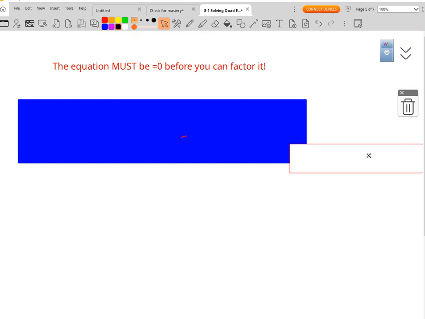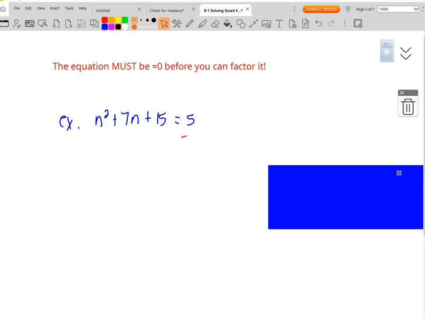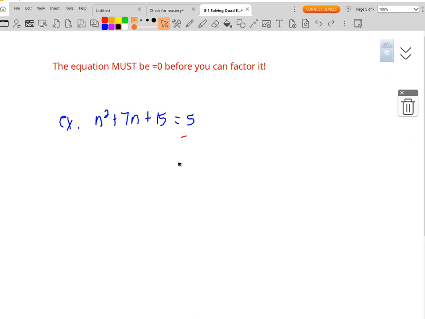So the equation, one side of the equation must be 0. So the equation must be equal to 0 before you can factor it. So now we're going to do one that's not equal to 0, and I'll show you what that means. So this is the next thing you're going to write.